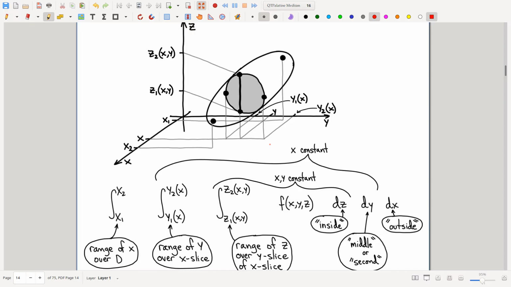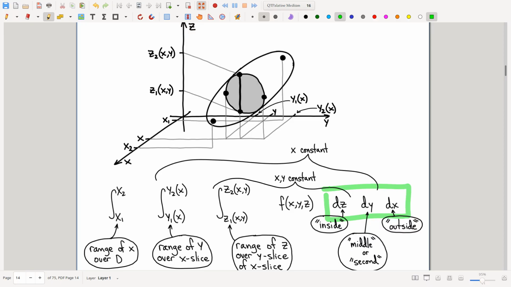Okay, so let's go through this process. Arbitrarily, I'm going to do my slicing with the differentials in this order. There are 6 different ways to arrange those differentials. They're all valid. Take your pick. We'll talk more in a minute about how to make good choices there.